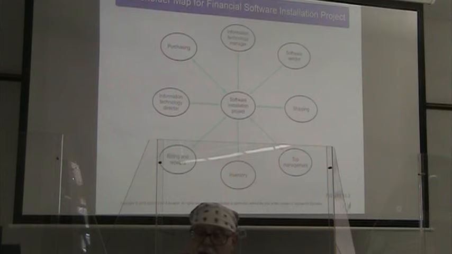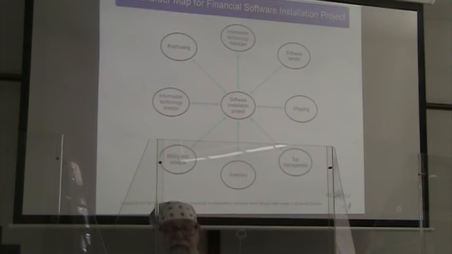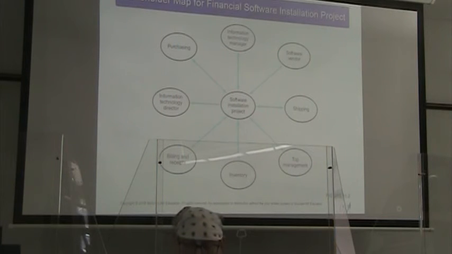Shipping is obviously involved in financial transactions within the organization, so they have a stake in this working well. Top management obviously has a stake. Everything needs to run smoothly so that they look good.